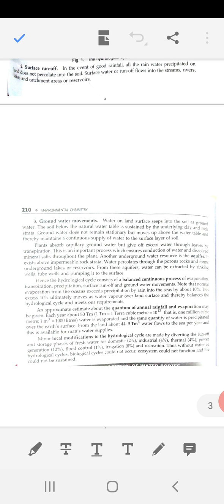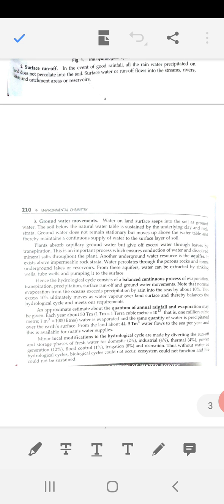An approximate estimate of the quantum of annual rainfall and evaporation may be given as 500 pm³ each year. 1 pm³ is equal to 1 tera cubic meter, or 10^12 cubic meters. That is 1 million million cubic meters, and 1 cubic meter is equal to 1000 liters.